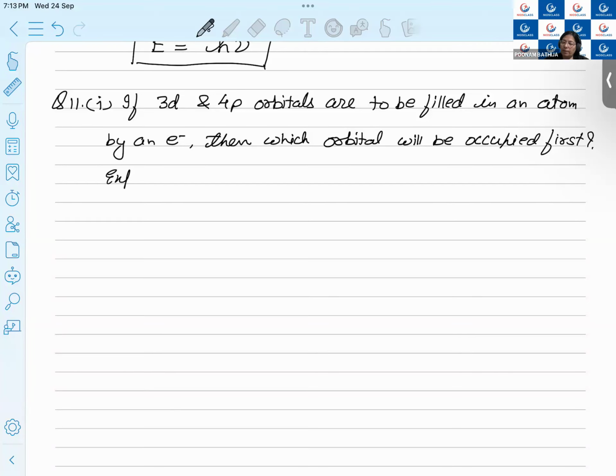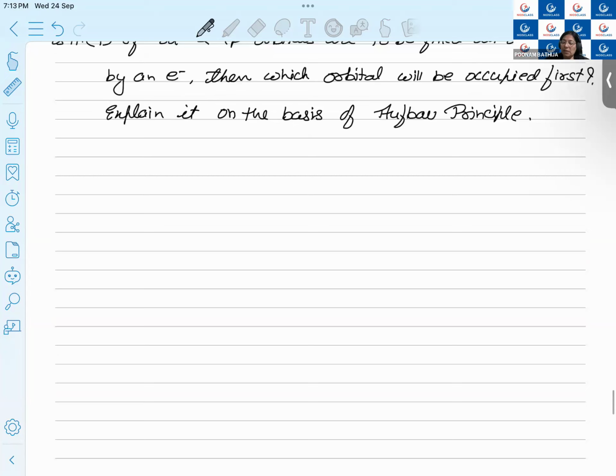Explain it on the basis of Aufbau principle. Okay, this is the first part of the question.